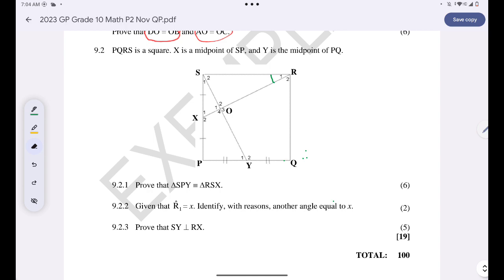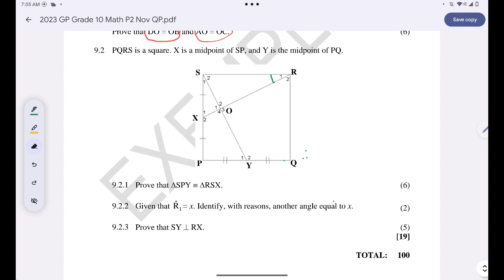Okay, these things will be perpendicular if I can show that angle O2 is 90 degrees. Angle O2 is 90 degrees. How can I do that?